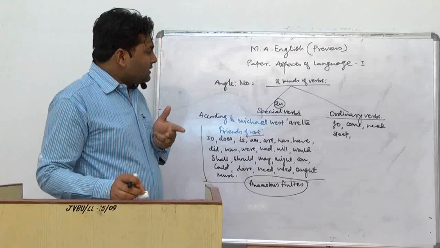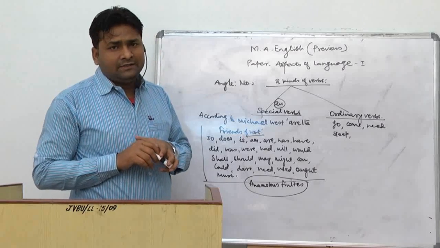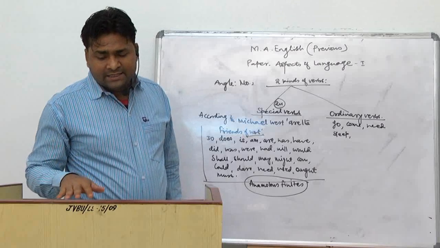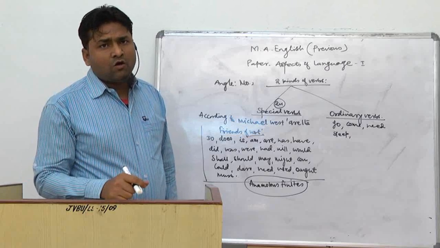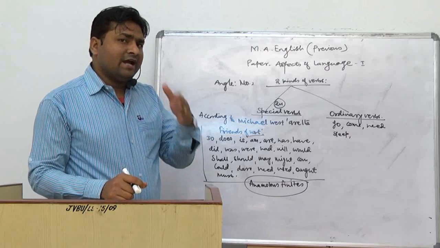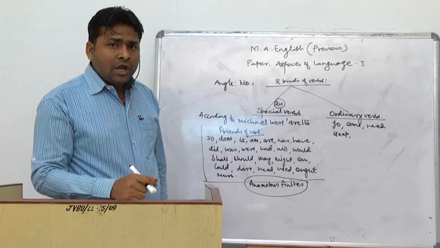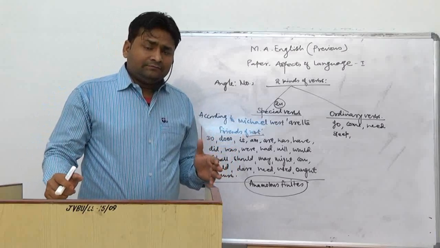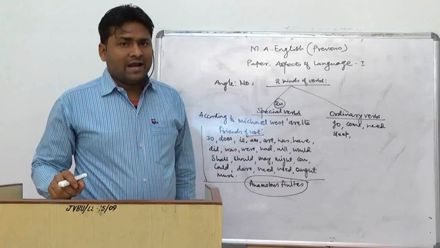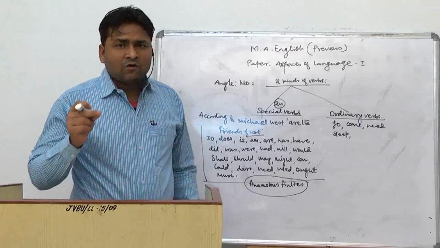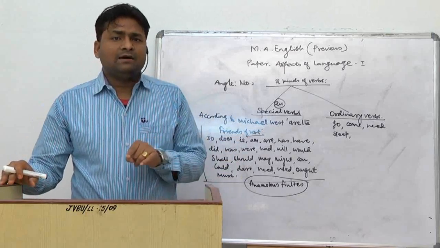Now we will try to understand angle number third, which is very important and a bit comprehensive at the same time, because it has some important concepts related to non-finite verbs, as I discussed in angle number 1 also. You are aware that angle number 1 is related with finite and non-finite verbs. Now once again we are going to talk about finite and non-finite verbs in angle number third.